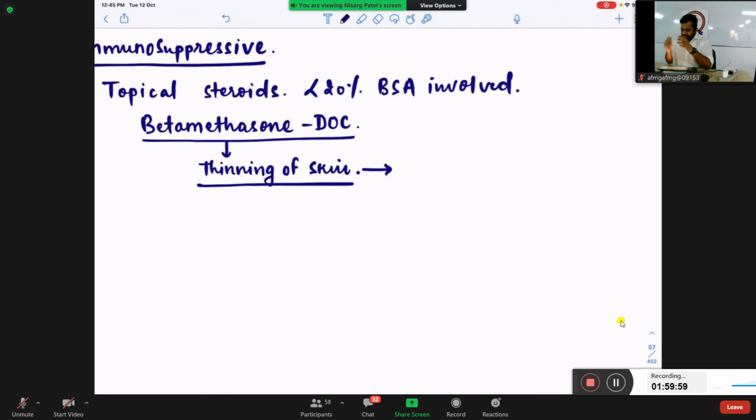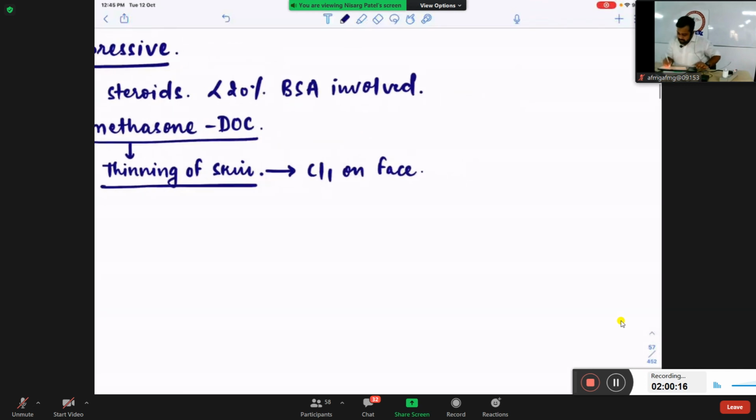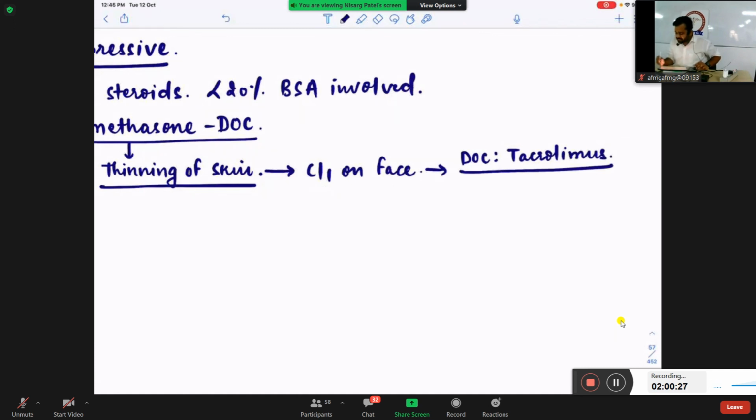So these are contraindicated on the face. Not purely contraindicated, but we should avoid, because a female will have more cracking, a male has slightly thicker skin, but a female will have more cracking of the skin. So what is the drug of choice on the face? If the face area is involved, it is better to apply the drug of choice, tacrolimus. So these are the topicals.